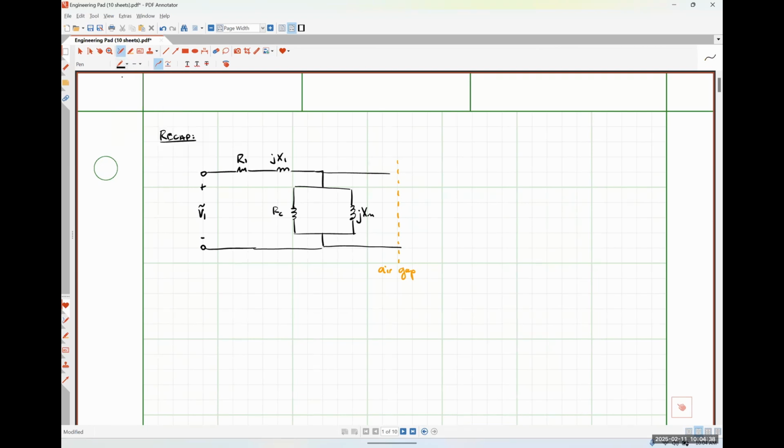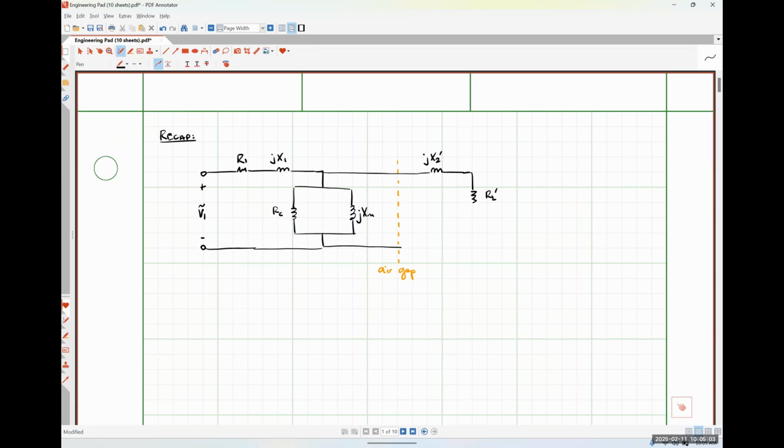And then on the other side of our air gap is our stator referred equivalent circuit for our rotor, where this is going to be jX2 prime in series with a resistance of R2 prime.